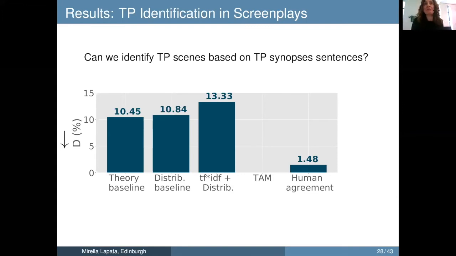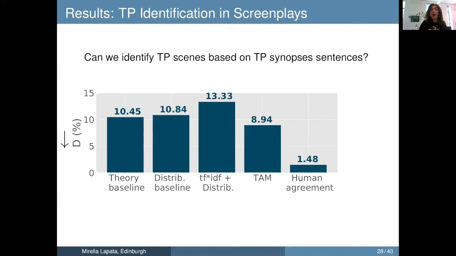There is not enough information. TF-IDF thinks every scene is relevant. Words are repeated. In the sentences, you basically cannot discriminate. There are a few words in the query that are repeated throughout the screenplay, and so it thinks that many scenes are relevant, and that's why it does so badly.